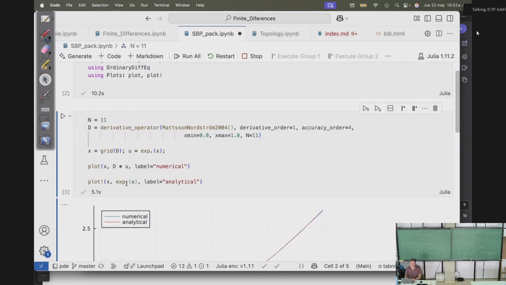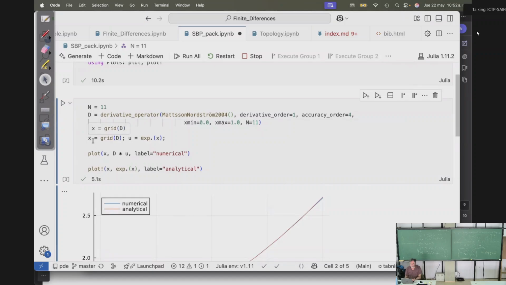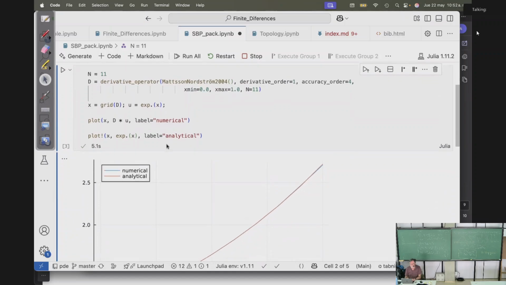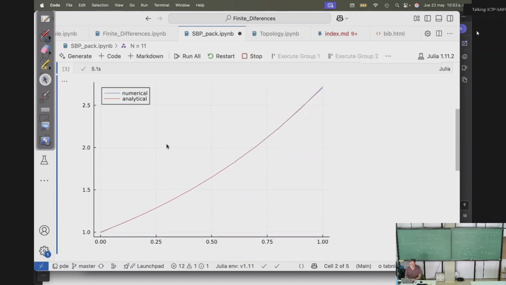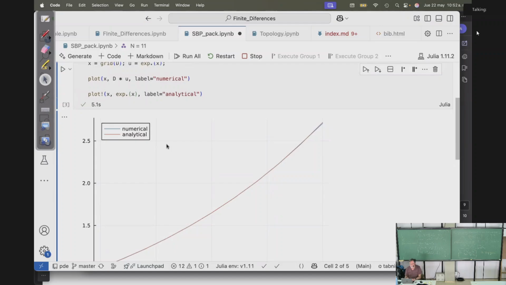And here we automatically get the grid. We call the grid in this library. We just can call the grid of D, the exponential function, and we can plot both.